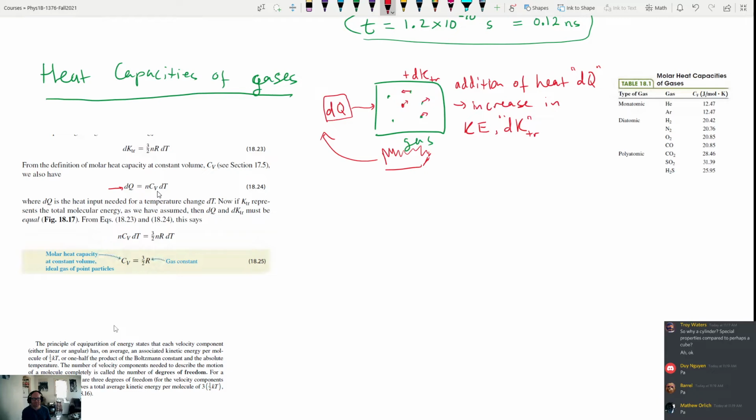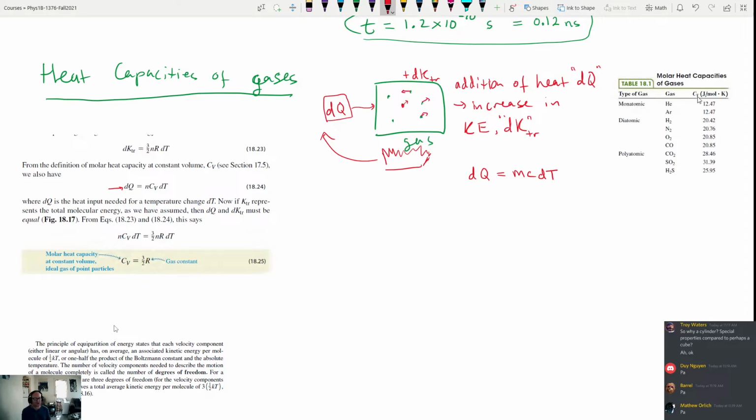This equation comes from the MCAT equation, or what people call the MCAT equation, dq equals m c delta T. You can replace the mass with number of moles, which leads to replacing the specific heat with the molar heat capacity. So it's the heat capacity per mole.